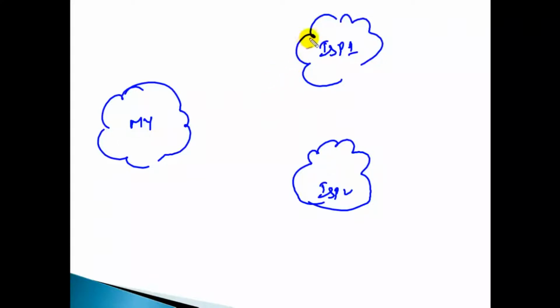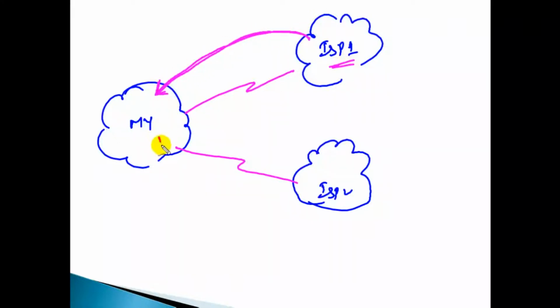Let's take an example. This ISP is advertising some routes to the customer, and in my autonomous system, I'm connecting to two different ISPs, ISP 1 and ISP 2. The service provider does not want whatever routes are received from ISP 1 to get advertised to ISP 2.